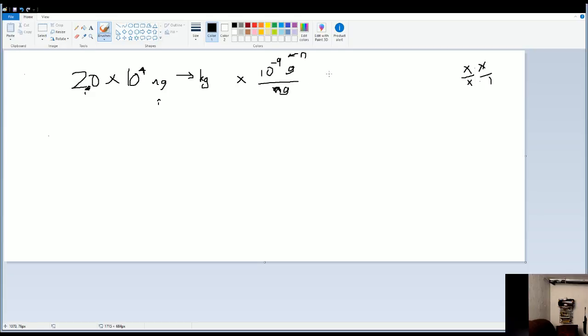Then you're going to have whatever grams. Then you take that number and you want kilograms. So you put how many grams in a kilogram. Because this is in the top, you divide by grams. And there's 1,000 grams in a kilogram.